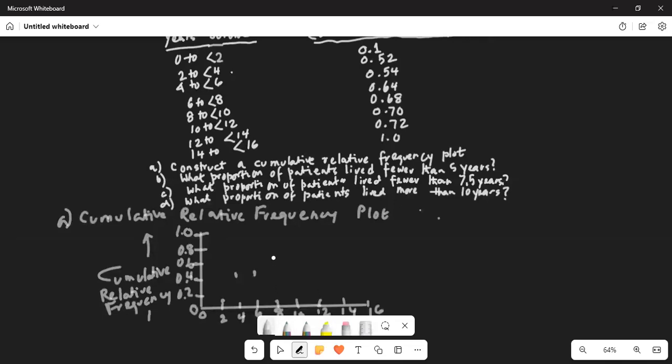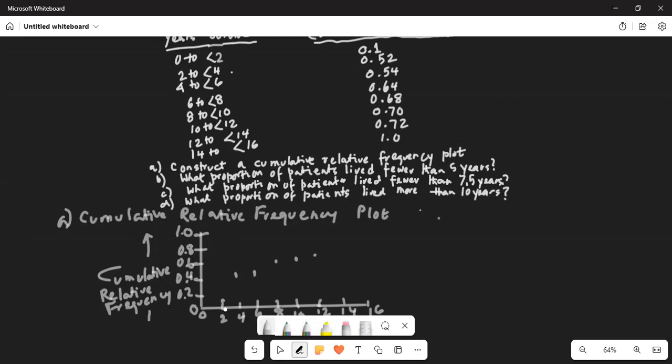So the endpoint 8 and then 0.64. Okay. And then 8 to 10 is 0.68. Little bit change. Then 10 to 12 is 0.70.